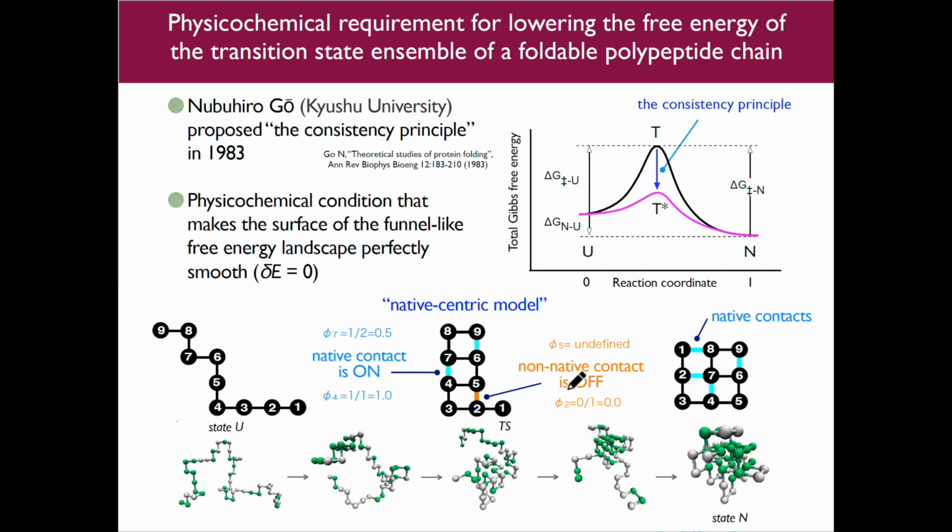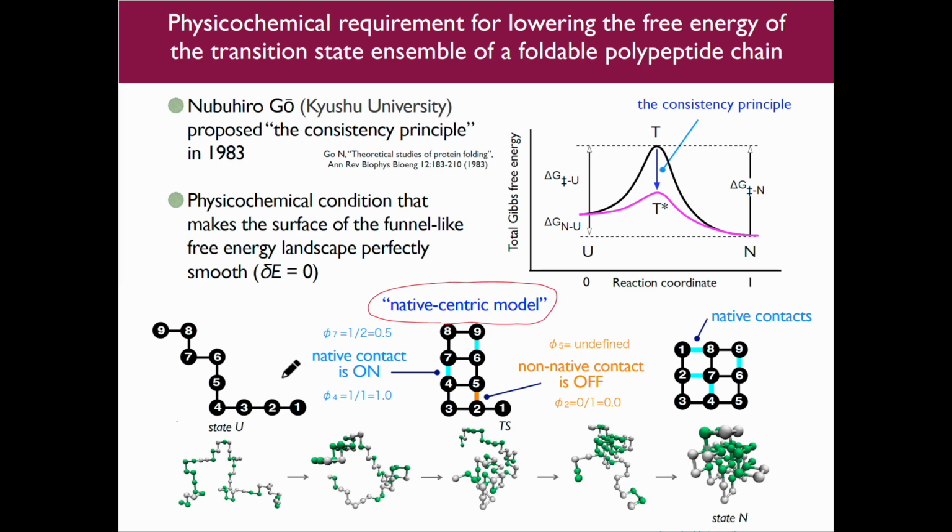That means even if atoms 5 and 2 make contact, there's no interaction between them. So this model is a so-called native-centric model. All the interactions are only for native contacts.